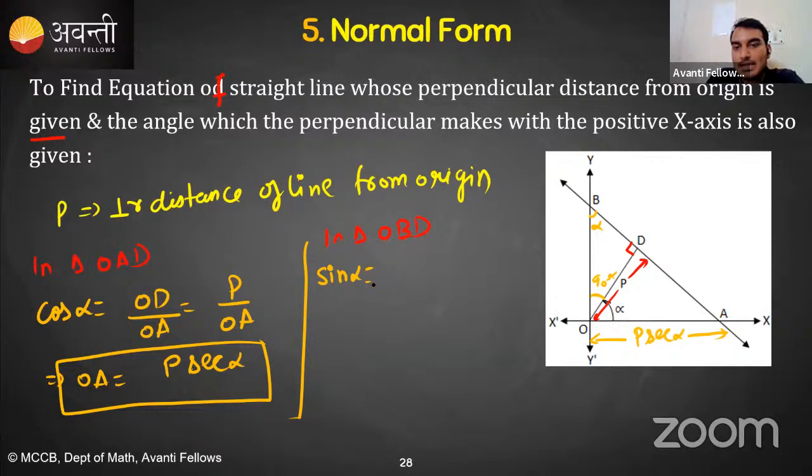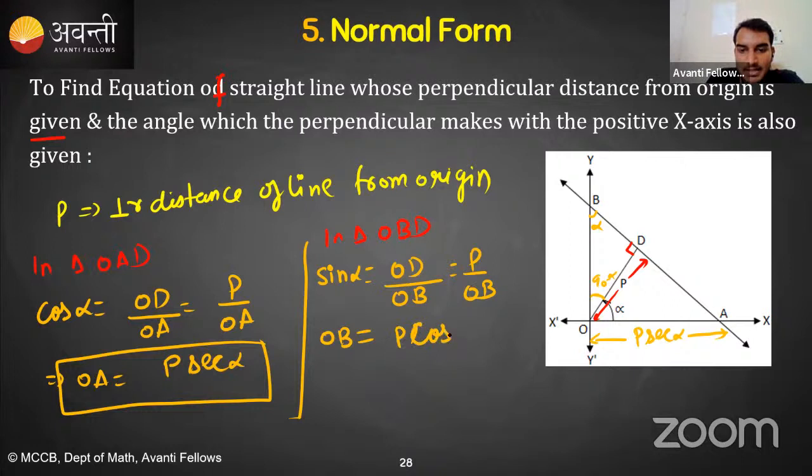Sin alpha is perpendicular upon hypotenuse, so perpendicular is OD upon hypotenuse OB. What is OD? Again P upon OB. So what is OB? OB is P cosec alpha. Is this clear, students?